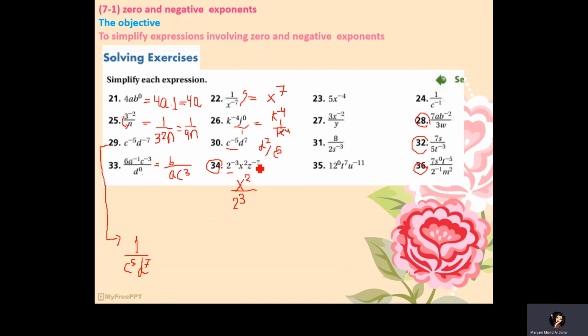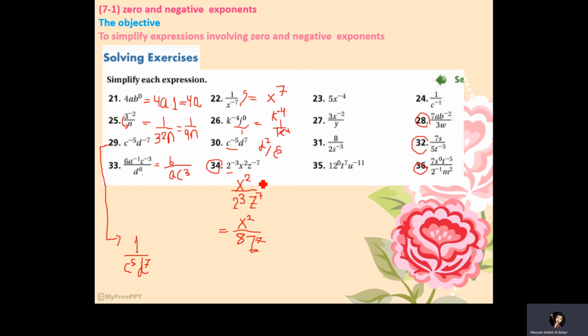Z to the power negative 7, negative power, I will move it down. I have to simplify it more, so that is equal to x to the power 2 over, 2 to the power 3 is 8, z to the power 7.